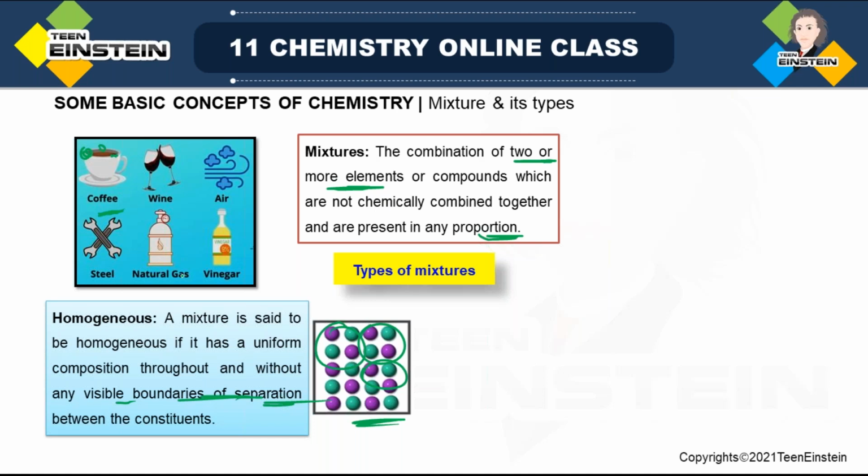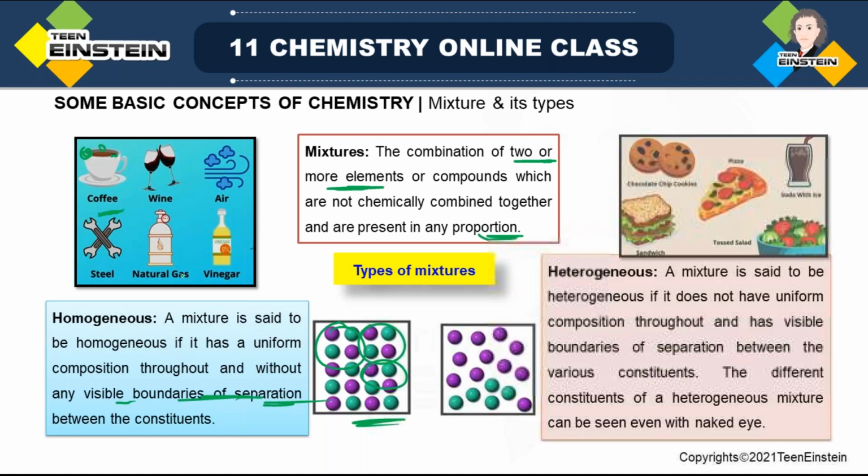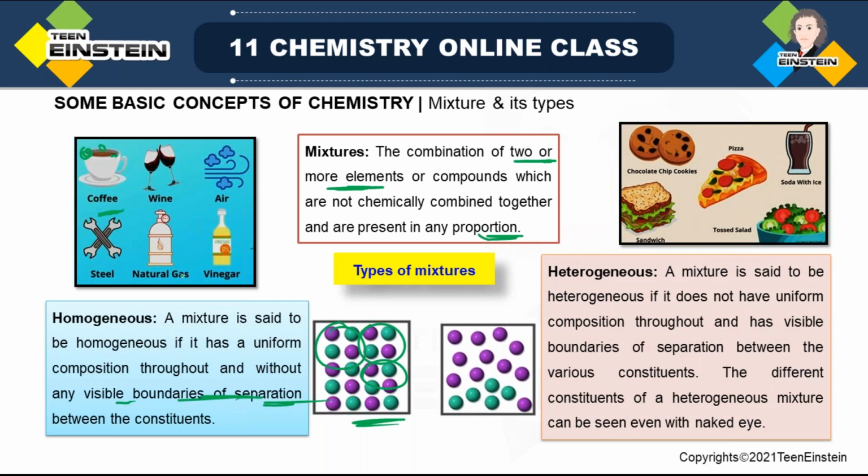These are some examples that you are seeing here: natural gas, steel, vinegar, coffee. Natural gas is a mixture of two gases basically, air also, that we discussed a few minutes ago, wine. All these are homogeneous, you cannot find any layer separation, and it always has uniform composition. But heterogeneous, mostly the things that we see surrounding us in day-to-day life, are heterogeneous.